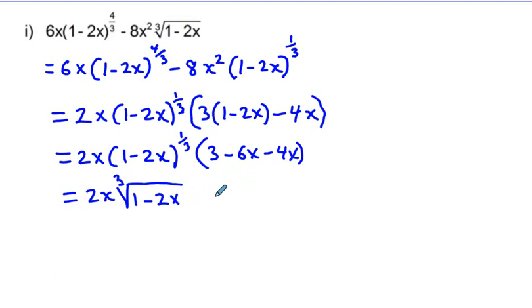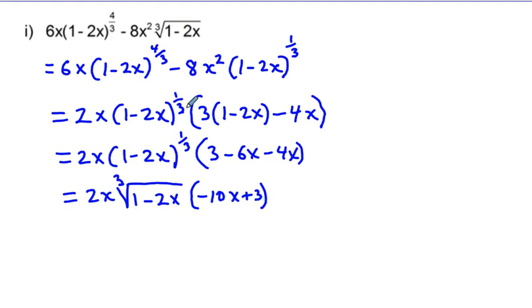And then we're going to have left over this negative 10x plus 3. And so how did I get negative 10x?